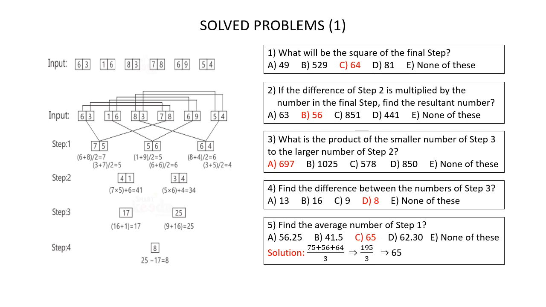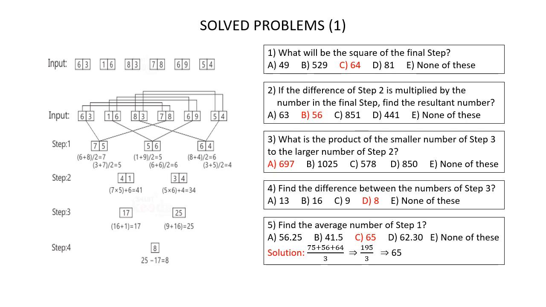Each of these numbers should be written inside a box, and each of the numbers should be split into its respective digits. Now for step 2, you know that according to the pattern, the first digit of the first number of step 1 is multiplied with the first digit of the second number of step 1, and the answer is added to the first digit of the third number of step 1.